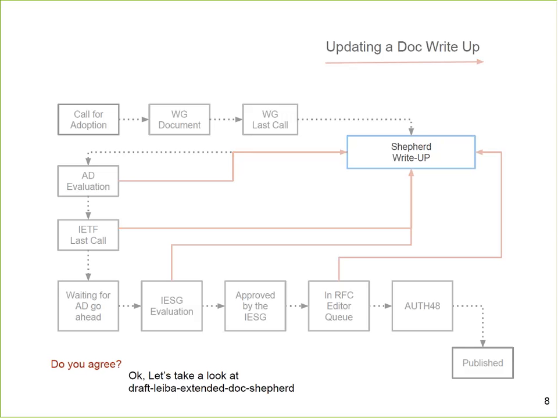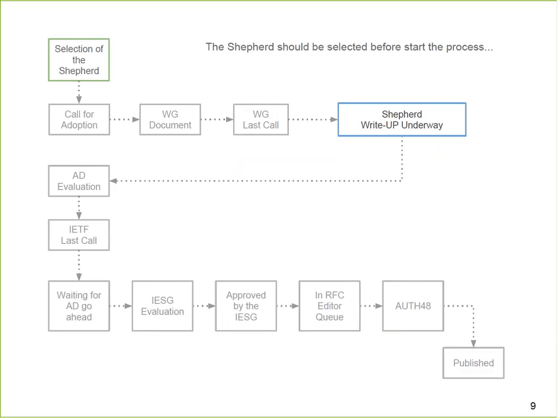Okay, let's take a look at the draft that extends the document shepherd role. It asks the author to see the shepherd write-up as a function. The draft states that the shepherd function will be done in each stage, and each stage has tasks that could be done by the document shepherd person.